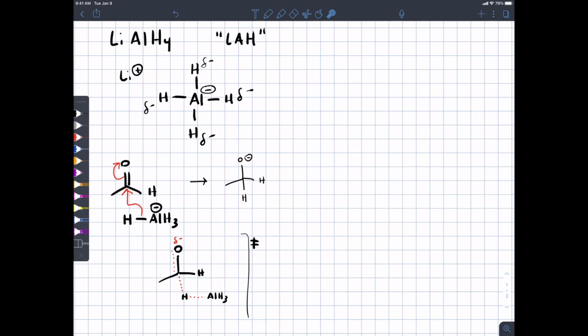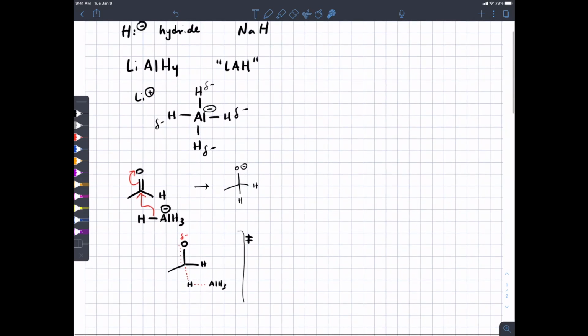It's pretty fast. Because of the large electronegativity difference between aluminum and hydrogen, lithium aluminum hydride, or LAH, is very reactive.